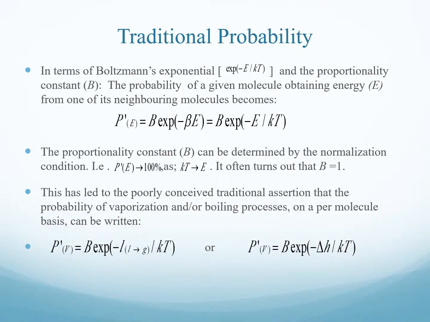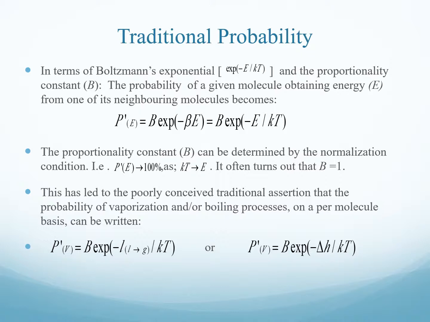The thought of passing an energy of kT in any direction has led to the Boltzmann exponential, the exponential of the negative of the energy required over kT, kT being the energy that can be passed. Now we apply a proportionality constant, and we get the probability of a given molecule obtaining energy E from one of its neighbors, as written up top.